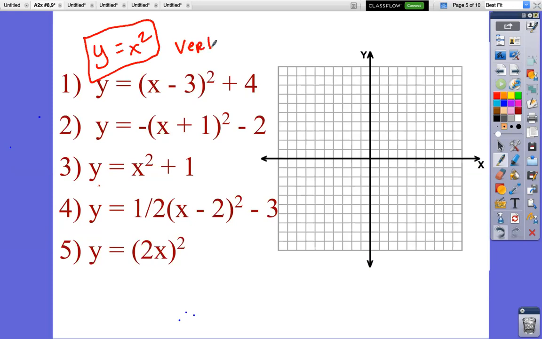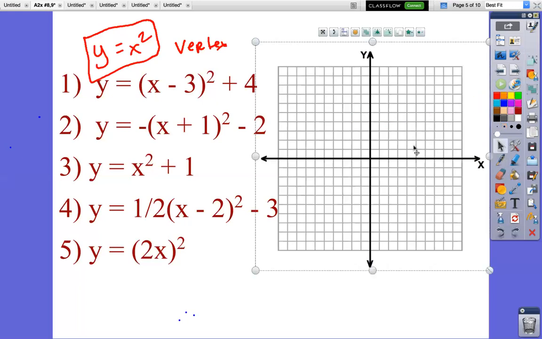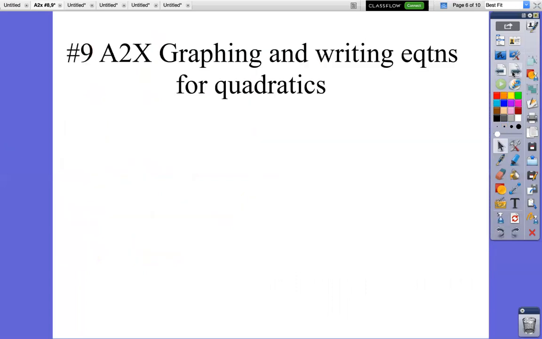We're just doing the one in the red. Don't worry about all this stuff down here. So if I'm just graphing y equals x squared, in fact, let me do this. 0, 0? It's just 0, 0. Good.